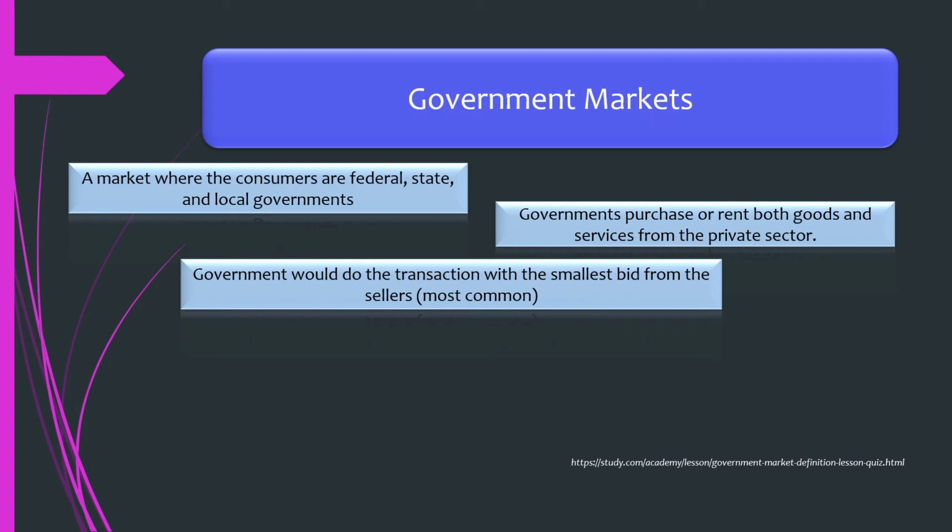Of course, they will try to sell their goods. However, usually the government will take the smallest bid, which, like I said, is most common. So if we are able to sell our goods or services at the smallest price, usually the government will take it.